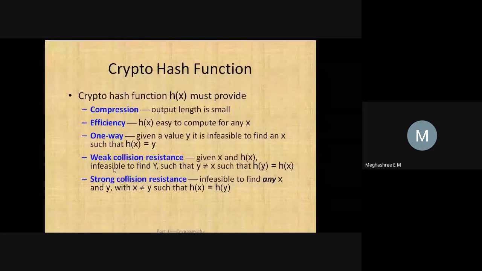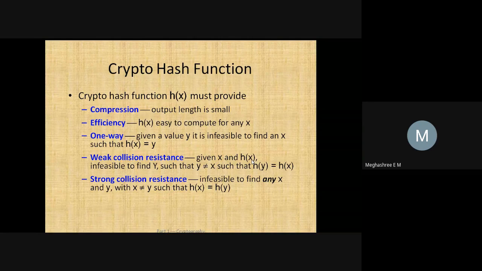The next one is weak collision resistance. Let me consider that the value x is given and also h of x is given. Then it is infeasible to find any value y, with y not equal to x, such that h of y is equal to h of x.